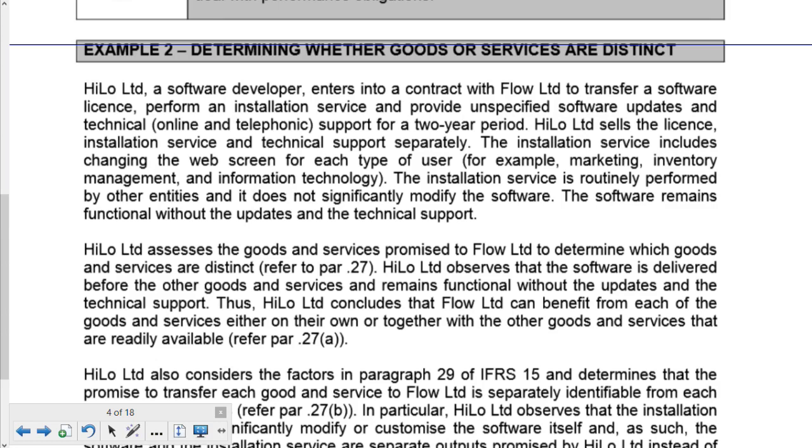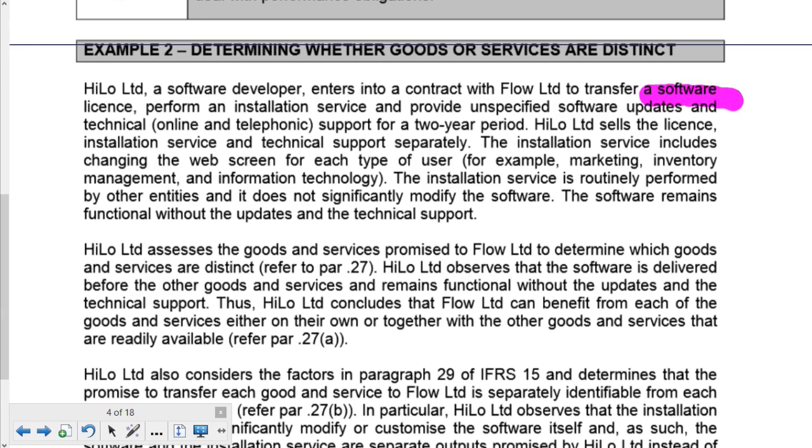It's to look at the different obligations. Okay, so example 2 has to do with step 2, is that right? In your study guide, it follows after step 2. Okay, so example 2 has to do with step 2, and step 2 was, if you recall, identifying performance obligations. How many performance obligations do I have? So, Hilo is a software developer. They enter into a contract with Flow to transfer a software license. So here's all the pieces.